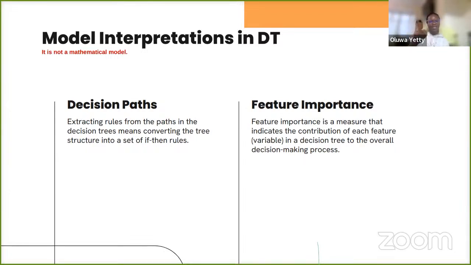If the person is a girl, maybe around the age of 13 to 15, we can say they survive. So feature importance is a way that you also interpret your decision trees, because when you look at the tree, like we saw in the Titanic data set, we can easily say this particular feature is very important. We can't remove it from our tree because it's important for us to know if they survived or not.